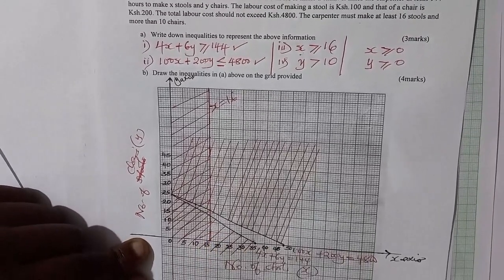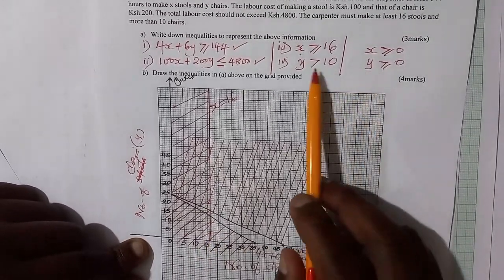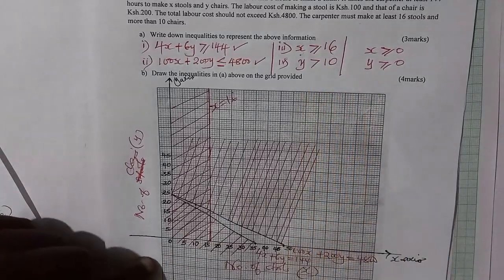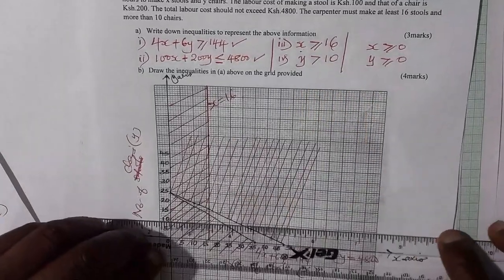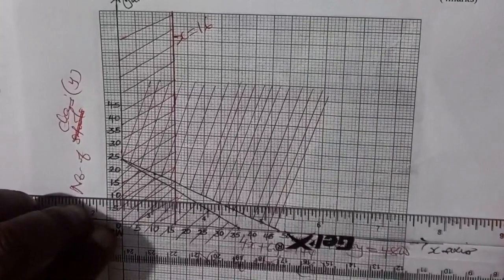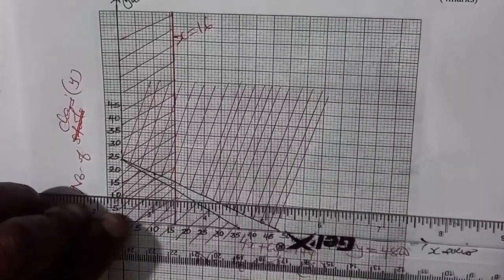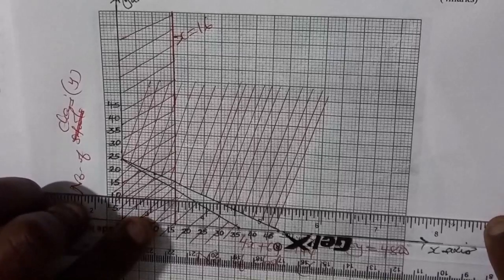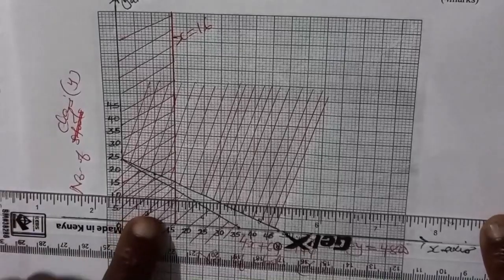Like that. And then the other one is y is greater than 10. That line should be broken. y is equal to 10 is the line that you're supposed to plot and draw. y equals 10 is this horizontal line passing through 10.